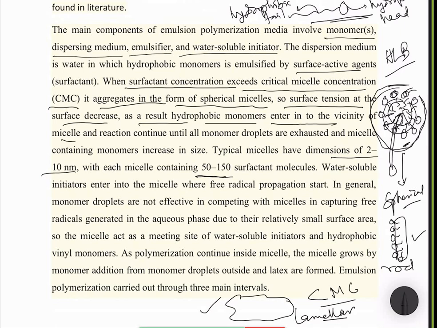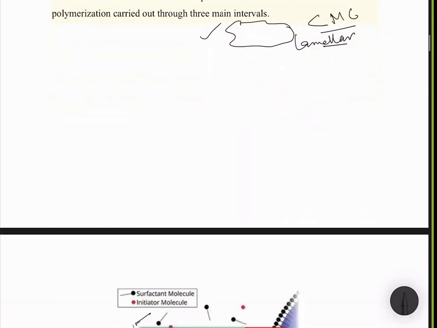So the micelle, whose size is originally around 2 to 10 nanometer, increases a bit after diffusion of the monomers inside, and the monomer droplets are much bigger in size as compared to these micelles.